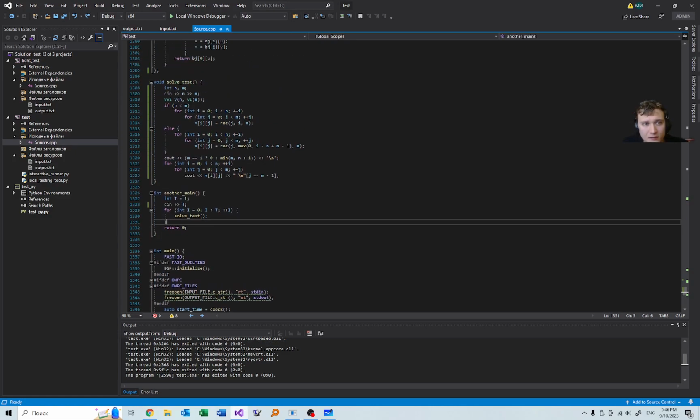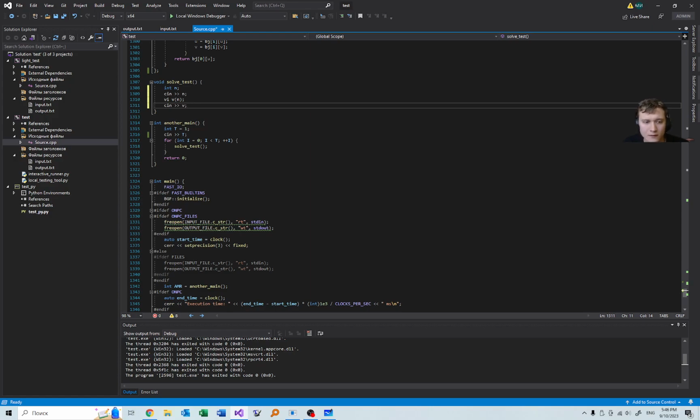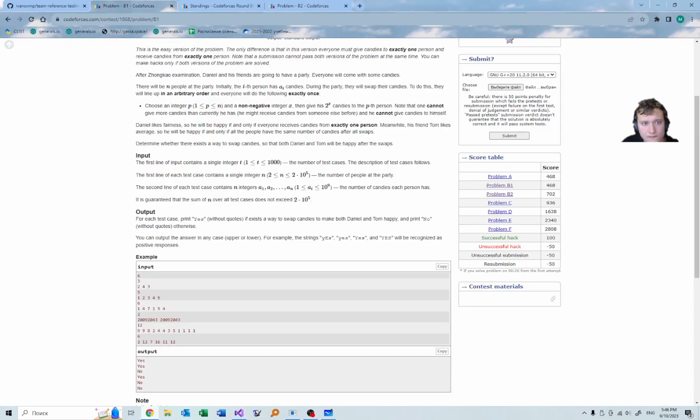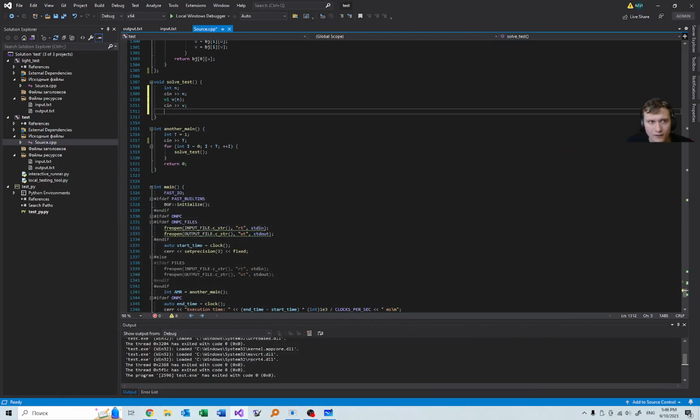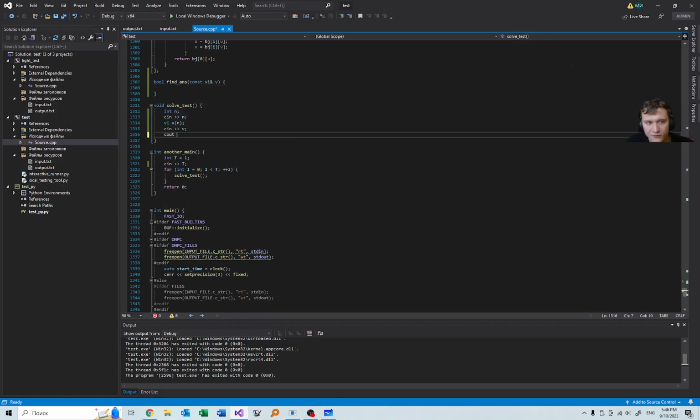So we read n. We also read v. Okay, let's do something like find ans, and here we print find ans b, and if yes, then yes, and otherwise no. Great.